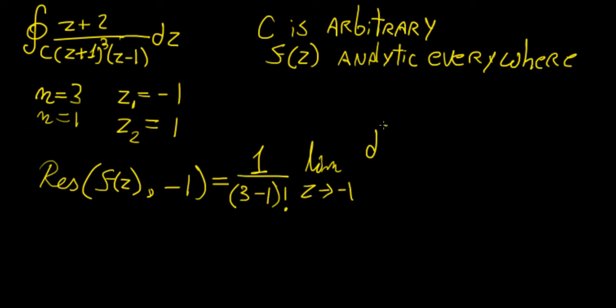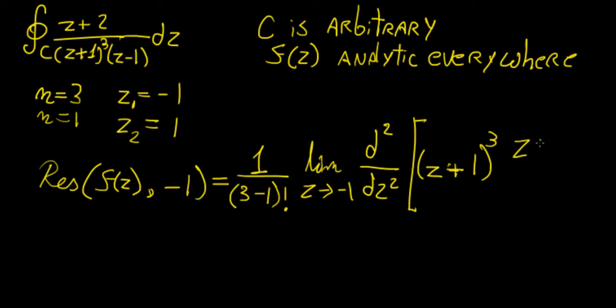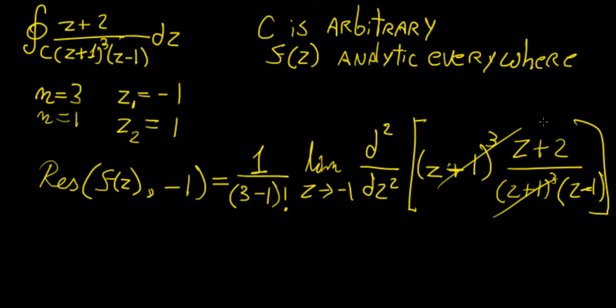So 3 minus 1, that's 2, so that's the second derivative of the expression. And we're going to have z plus 1 to the power of 3 times this expression. So that's going to be z plus 2 over z plus 1 cubed, z minus 1. And you can see that very easily these 2 expressions cancel out. So in the end, we're just going to take the second derivative of this expression.